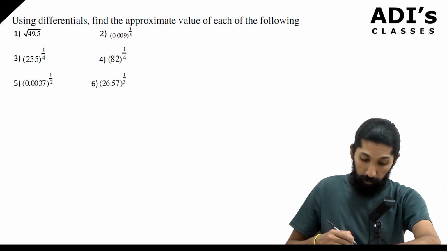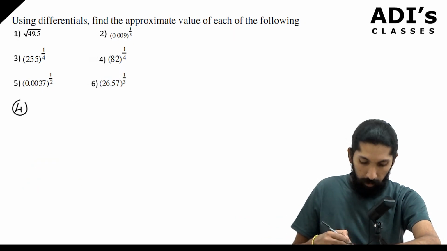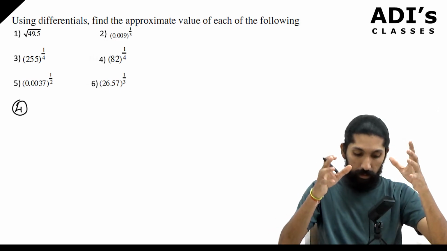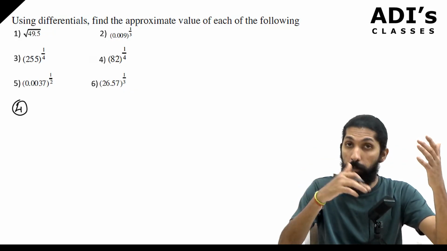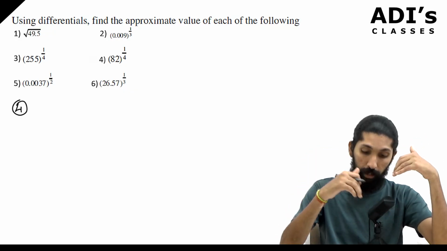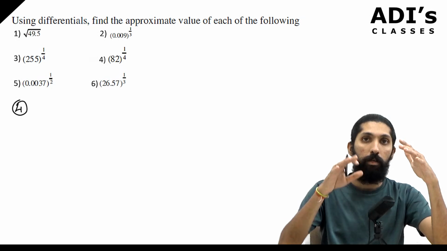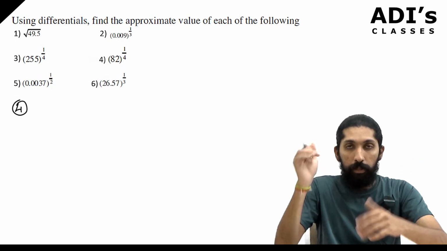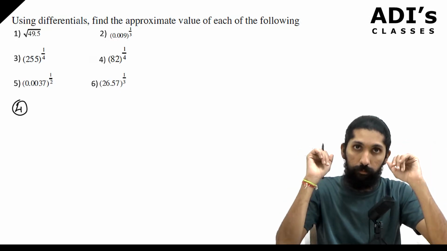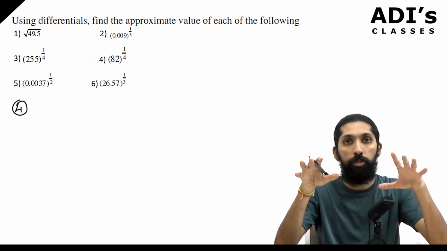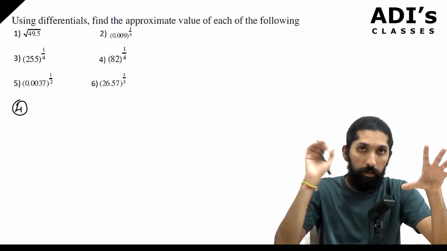See, for the fourth one, it is quite similar to the second one and third one combined together. Why am I saying the third one? Because the power is 1/4. And why am I saying the second one? Because 82 is 81 plus 1. 81 is 3 to the power of 4. That's why it's a combination of both the second as well as the third one.